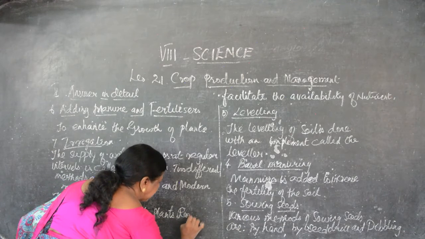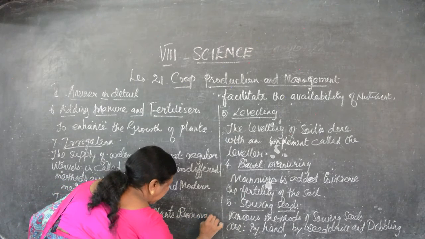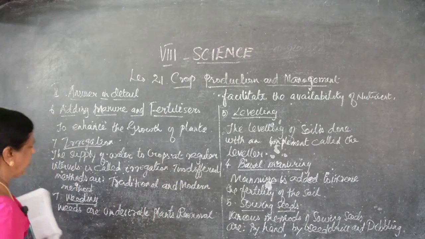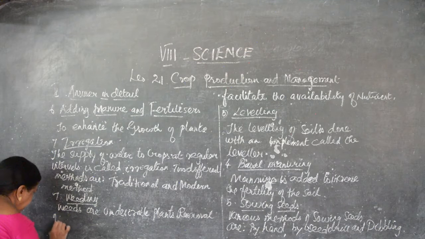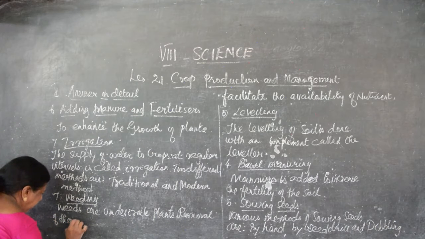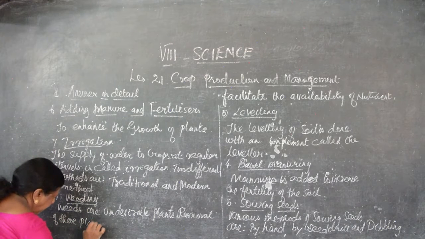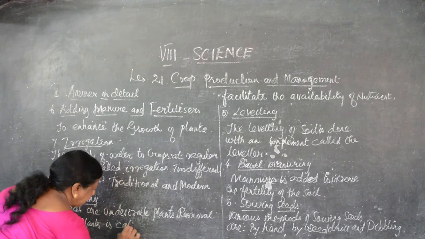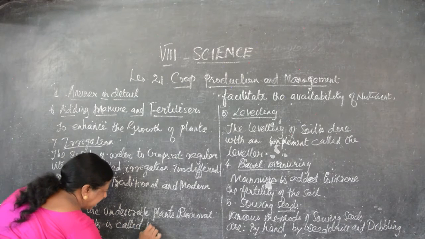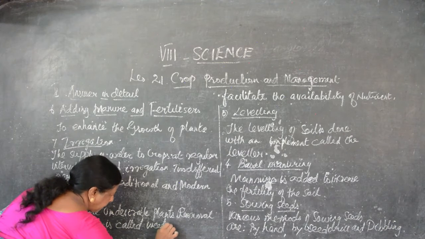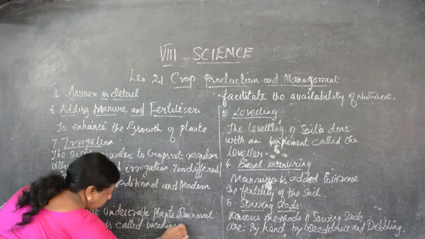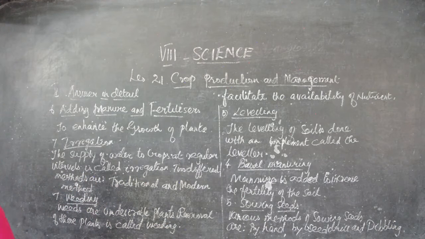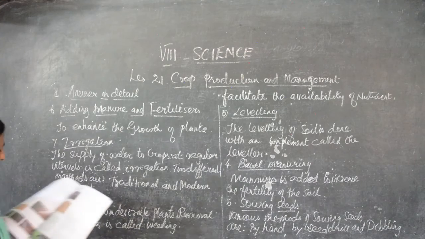Removal of these plants, R-E-M-O-V-A-L, removal of these plants is called weeding. Over. And then only two more points.